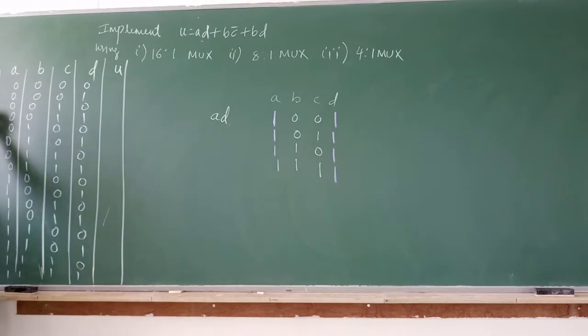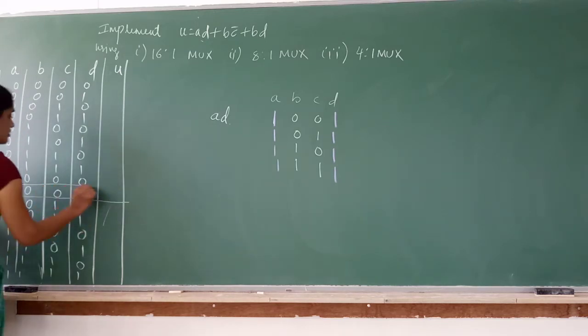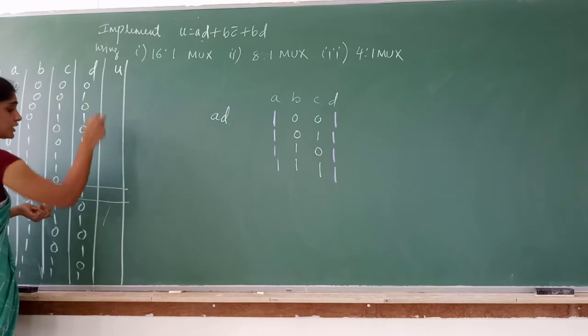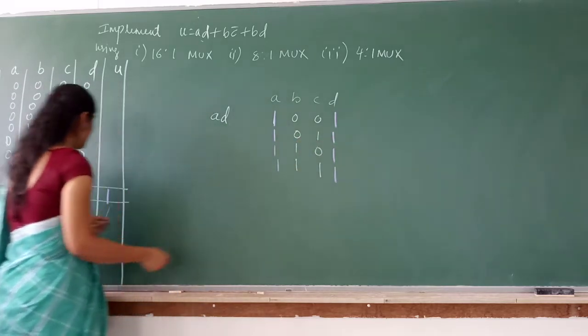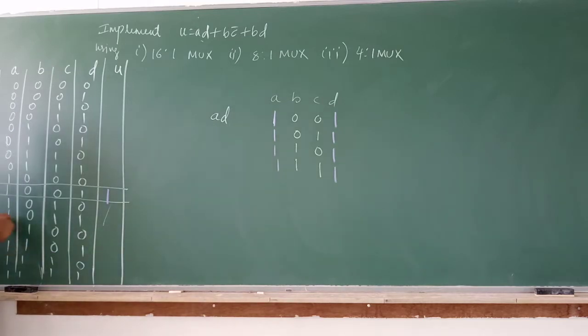Numbering the rows 0 to 15, 1001 is 9. So where is 9? This is 9, correct? For this, the output is 1. Then 1011 is 11.